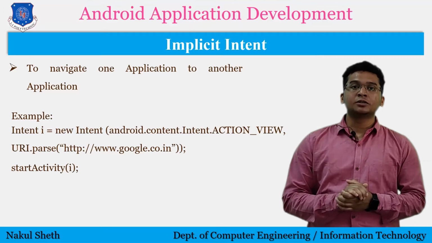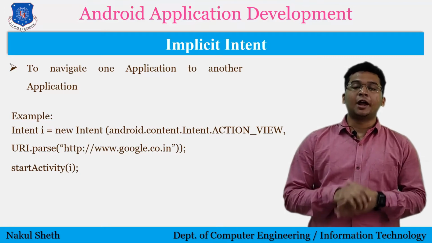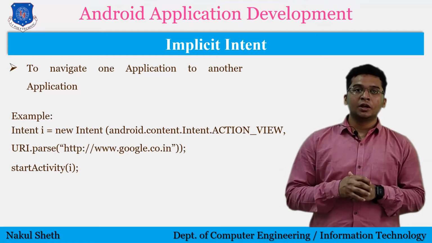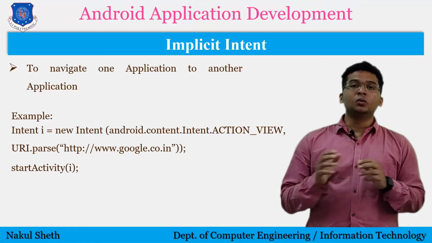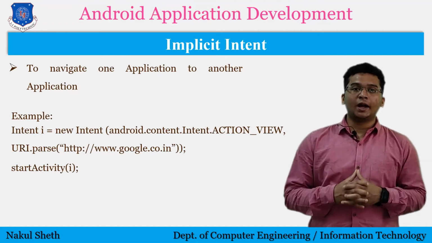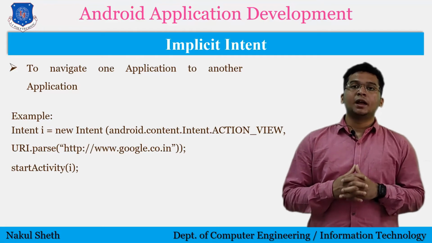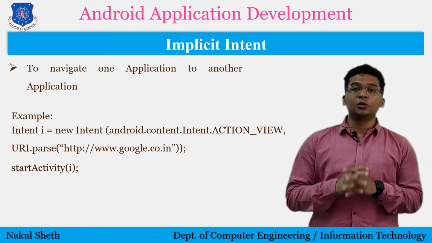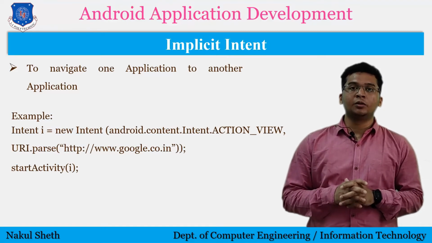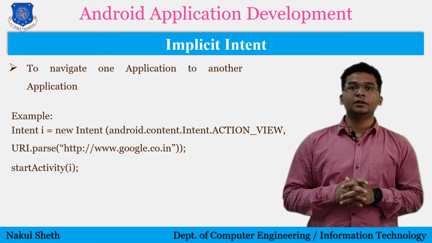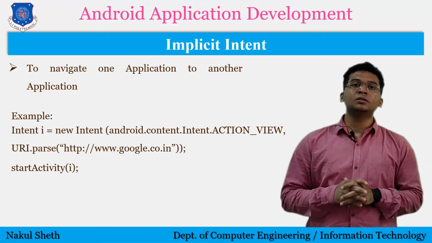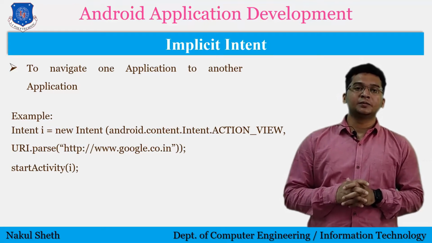Intent i equals new Intent, and in brackets android.content.Intent.ACTION_VIEW, and I'm going to pass a URL as the second parameter. So I am going to write Uri.parse, and in double quotation marks I am going to write the URL of Google, which is http://www.google.co.in, bracket complete and semicolon, and at last we have startActivity(i).